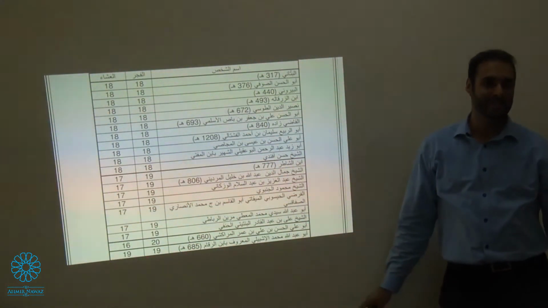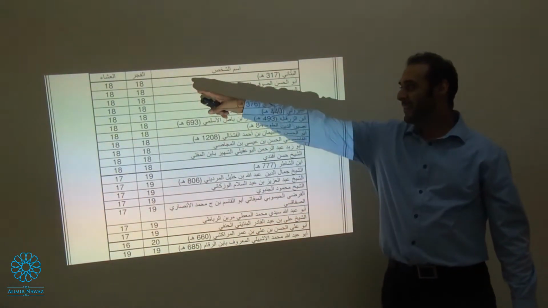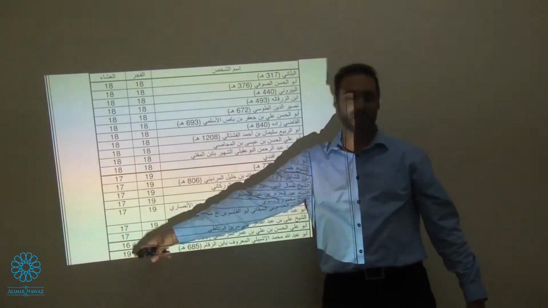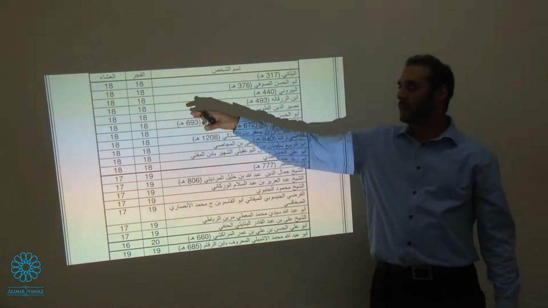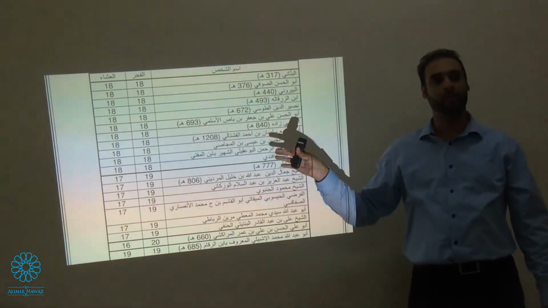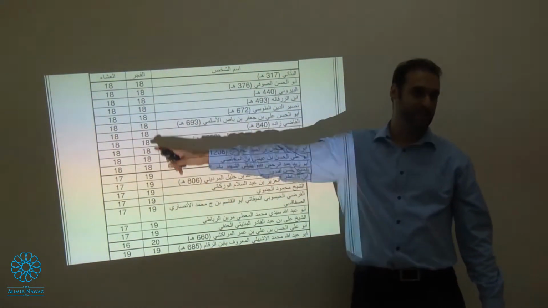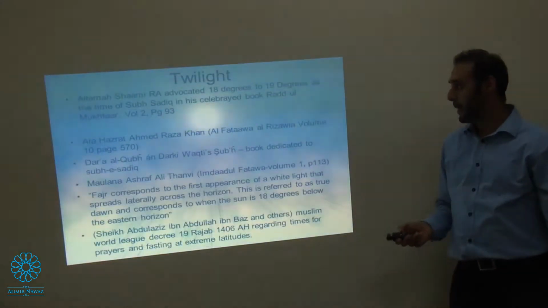So if you think 18 degrees is dark still, then what light are they seeing? And then Isha again, 18 degrees, 17 degrees, 19, and 1 or 2, 16. So it's more important to worry about your Fajr than it is Isha, because of the ayah in the Quran. So you can see that nobody advocated solid depression angles of less than 18 degrees below the horizon.